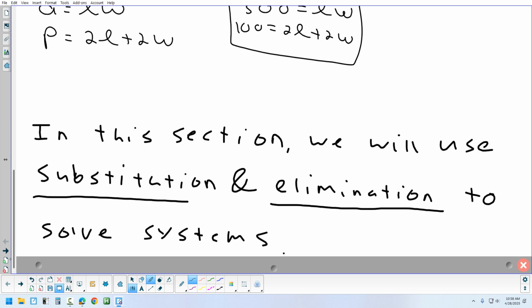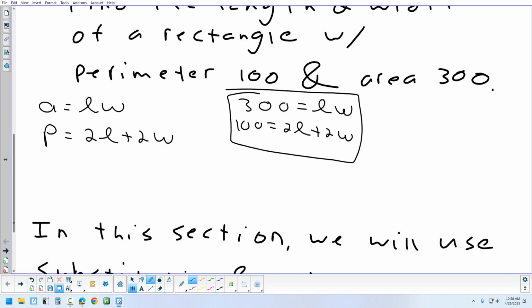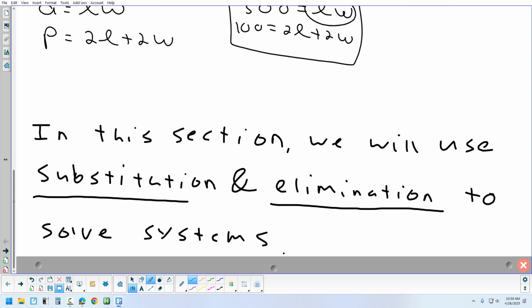In this one, we don't really have that. You'd want L's by themselves, then W's by themselves, and then numbers by themselves. We don't have L's and W's by themselves in the top equation. We have a product of L and W, and you don't have that in the bottom. Because these equations have a different look to them, elimination is not what you would want to use.